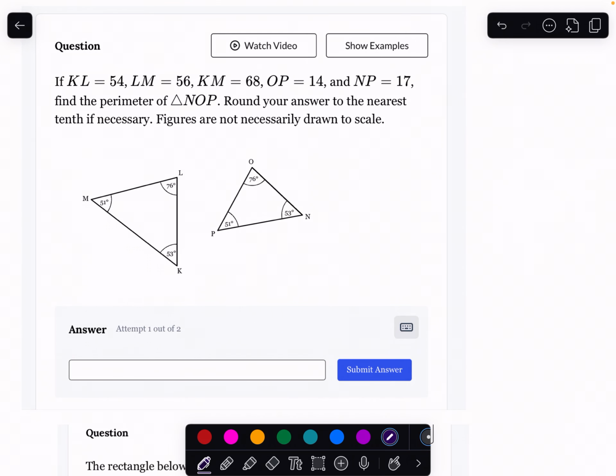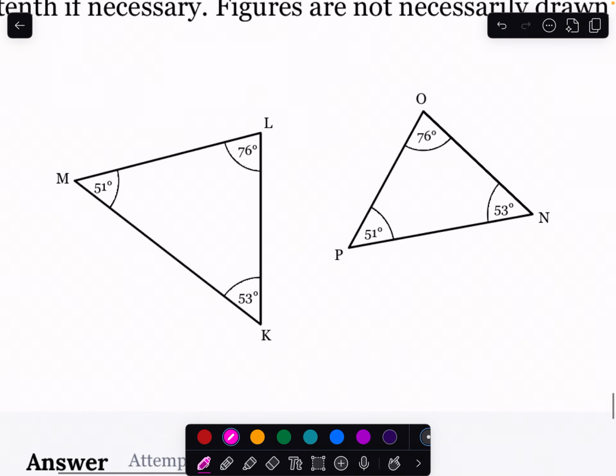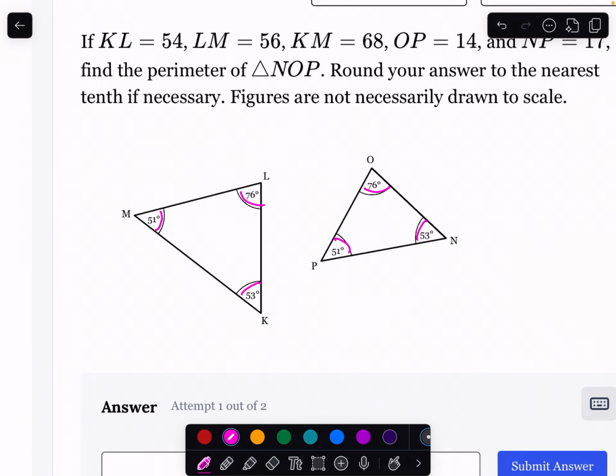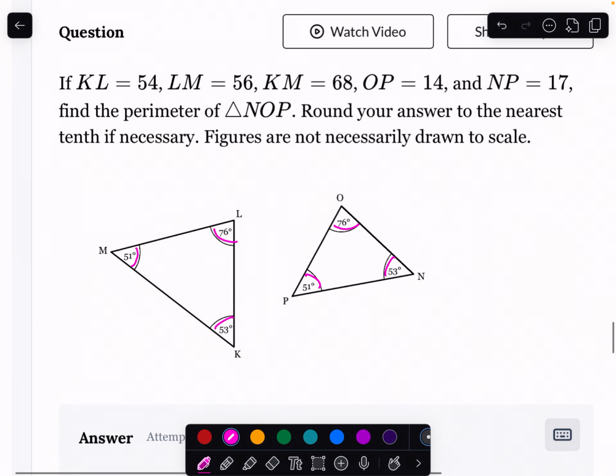Okay, so we have these two figures. First thing that you would need to do with these figures, which they will all be, but I just want to show you that this is the case. Notice that we have one angle that's 51, another one is 53, 53, 76, 76. So we know for sure these are similar triangles because the angles are congruent, right? And then it tells us a lot of information.